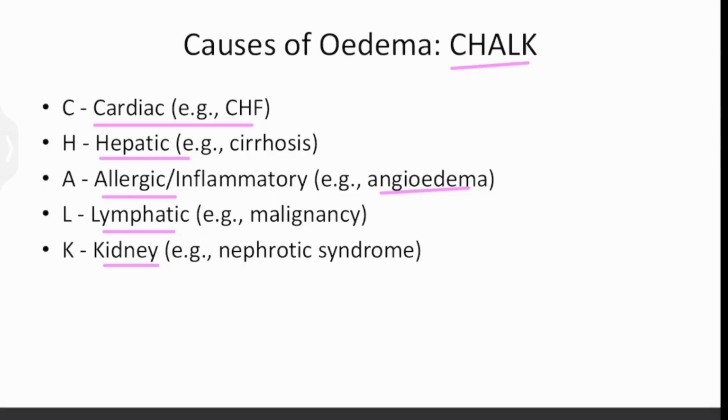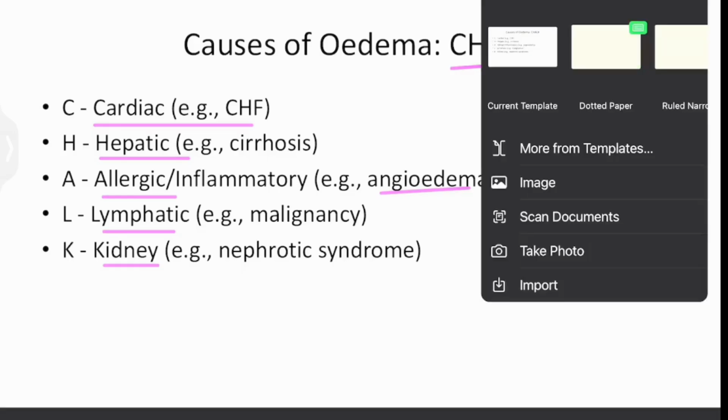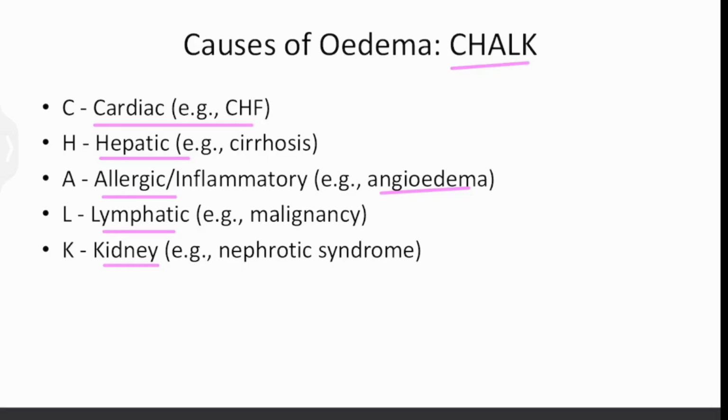And why in heart failure do you get edema? Just look into the reason for edema in heart failure. When the heart fails, end diastolic volume and pressure inside the ventricles increase.